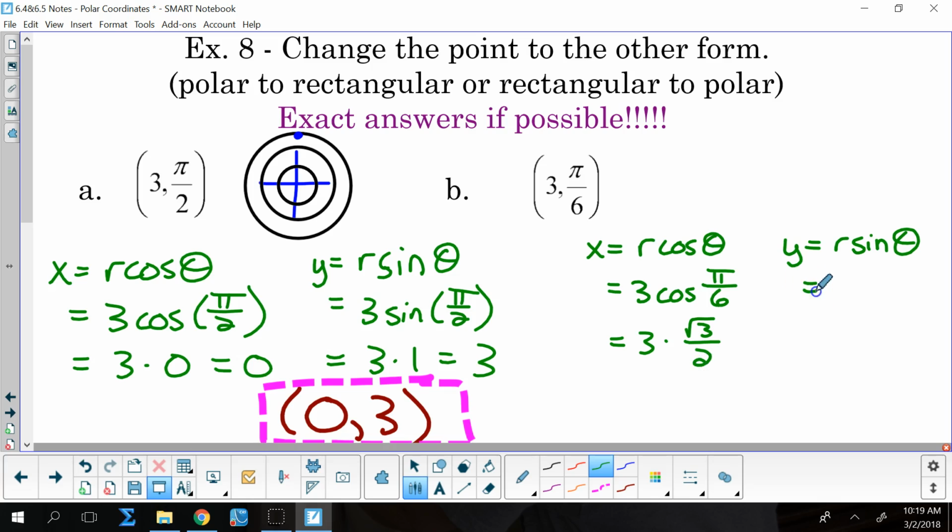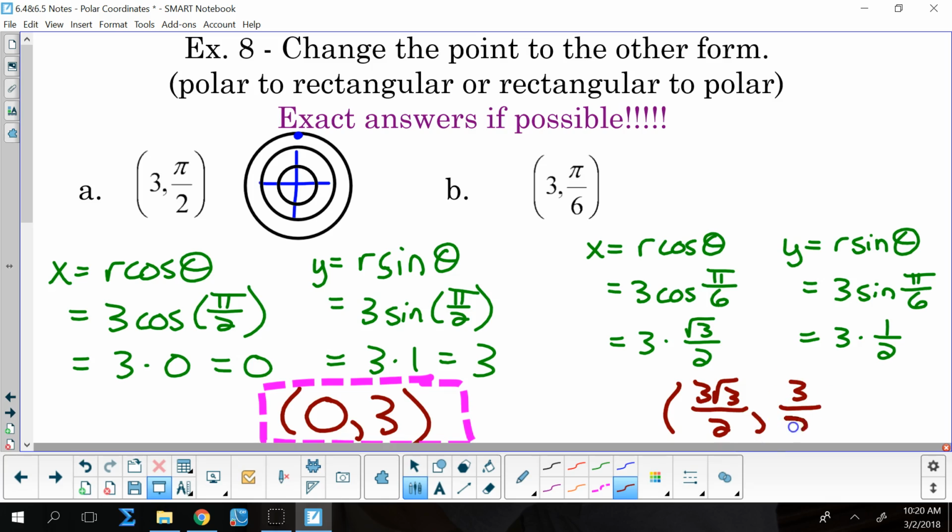And then y is 3 times the sine of pi over 6. So that's going to be 3 times 1/2. That gives me a point exactly here at 3 square roots of 3 over 2, comma, 3 over 2.